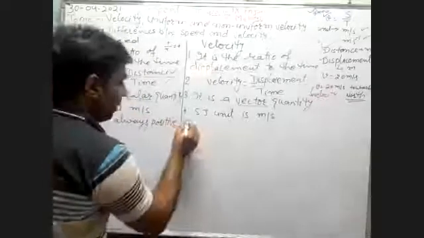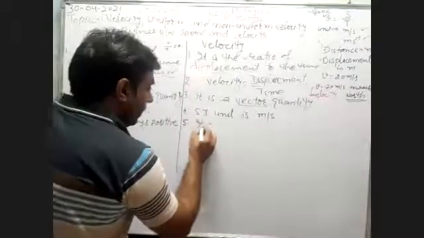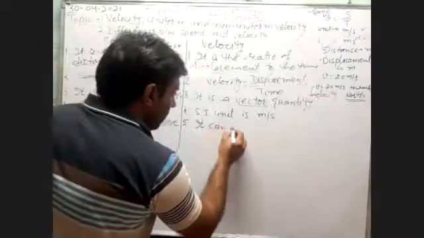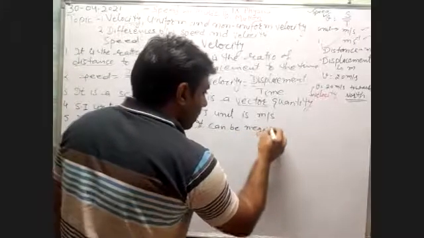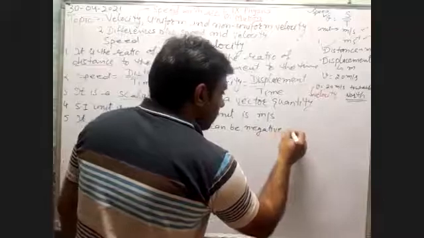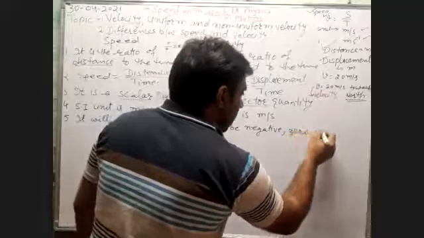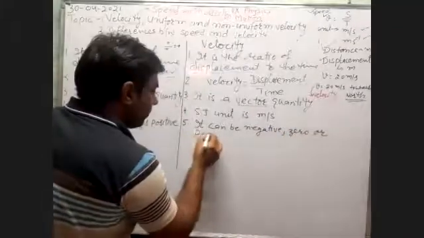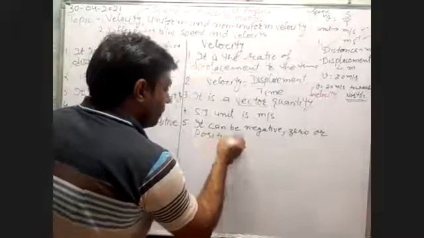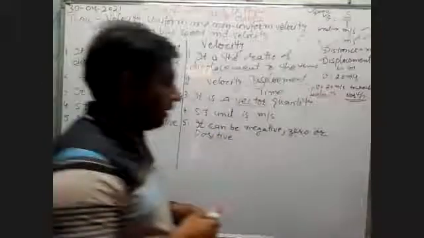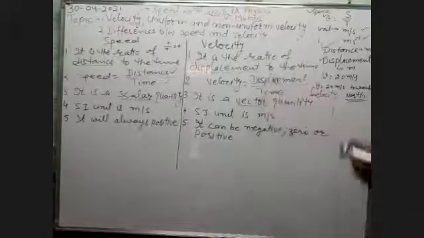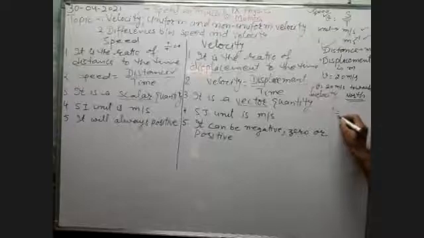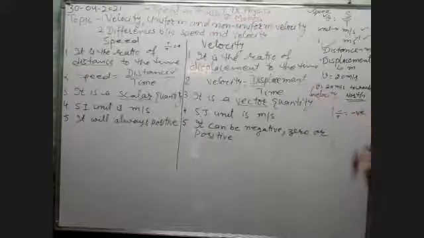What about velocity? It can be negative, zero, or positive. We can take an example. If displacement is negative and time is positive, time is always positive, so the value will be negative.